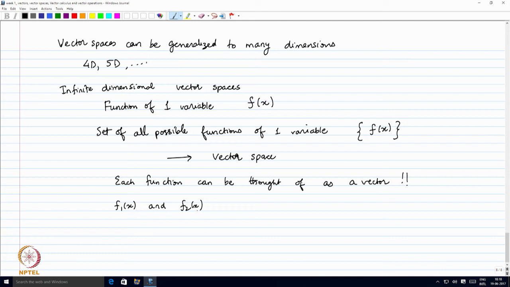Suppose you had two functions, as I said, you can think of them as two vectors. Now, you can ask a question, are these two vectors linearly independent? So, when are f1 of x and f2 of x linearly independent?